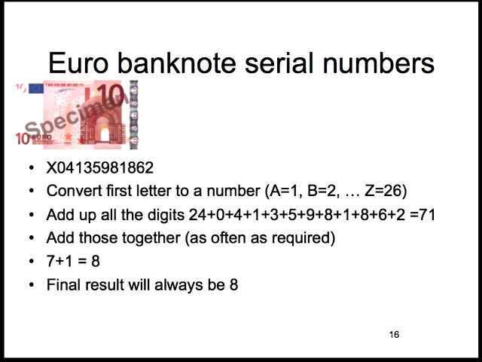So the letter gives you a number: A equals 1, B equals 2, C equals 3, and so on. Now, if you were writing a program to check these, you might be very pedantic and check if it's a country that actually prints euro. Do you know what I mean? So if you have a note that's allegedly a 10 euro note from the UK, well, even if the check digit is correct, that's probably a bit fishy.